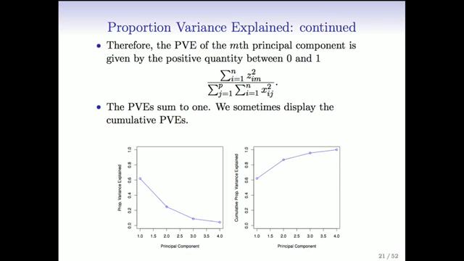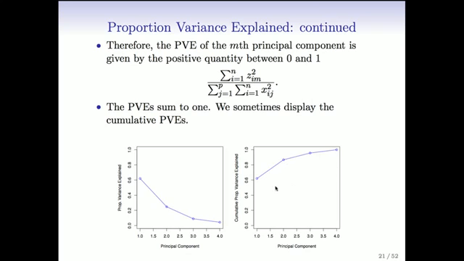The second one has to be uncorrelated with the first, and so these necessarily have to go down. And sometimes we plot the cumulative percentage of variance explained, which is, in this case, the percentage of the first principal component of the total variance. This is the percentage of the first two, and so on.